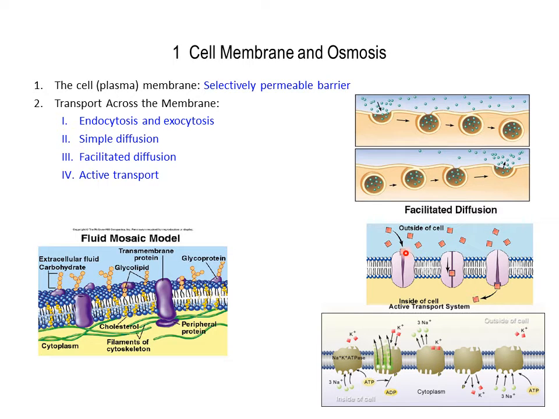So something on the outside we want to let inside the cell, so we have a special protein that binds it and brings it in. And the final one, which is the one that actually involves energy use in the form of ATP directly linked to the process, again uses a specialized membrane-bound molecule, but it actually uses ATP to pump your given solute in or out of the cell.